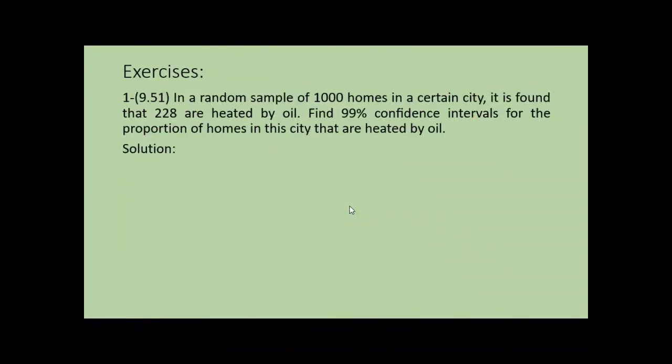Now, problem number 1, 9.51. In a random sample of 1000 homes in a certain city, it is found that 228 are heated by oil.